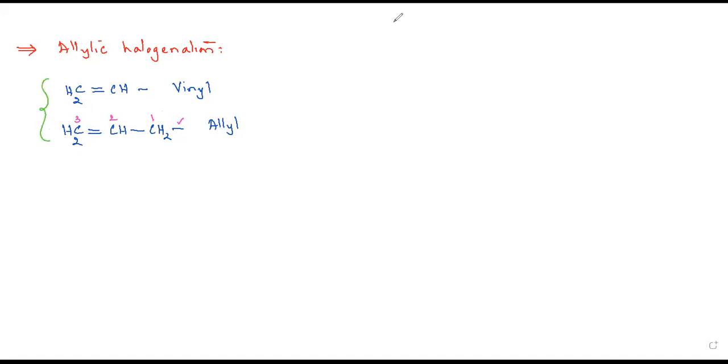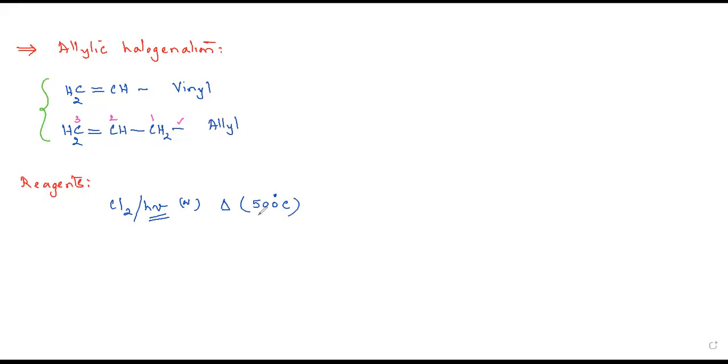Now, what is allylic halogenation and what are the reagents employed for allylic halogenation? Let's see. The reagents used are chlorine in the presence of sunlight, or instead of sunlight, you can also heat it to about 500 degrees centigrade.